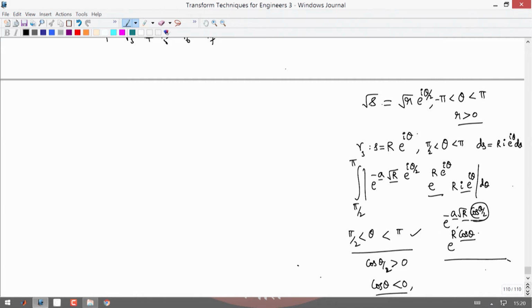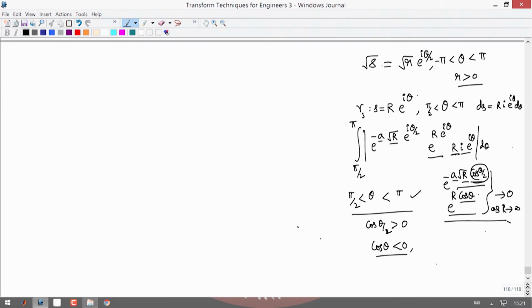Because this is exponentially negative and this is also exponentially negative, together this goes to 0 as r goes to infinity. This is exponential decay, and this r does not matter. So, you have r divided by exponential positive r, whatever. As r goes to infinity, that goes to 0.